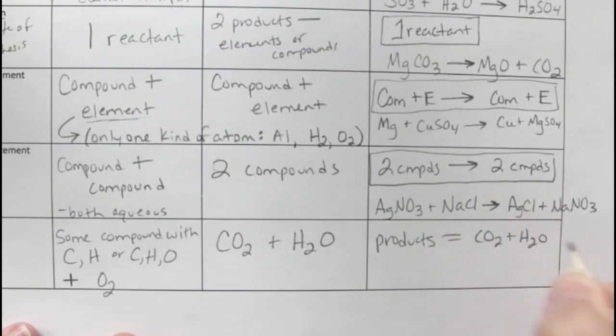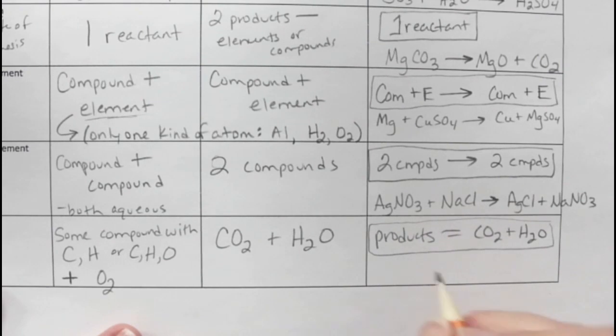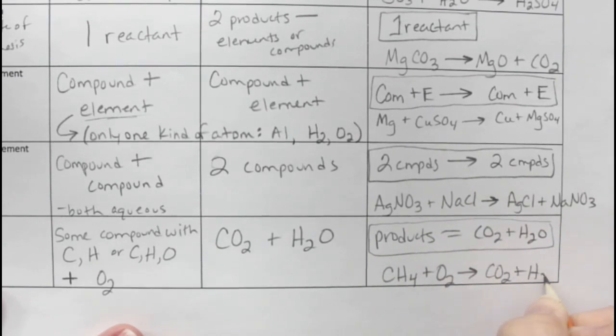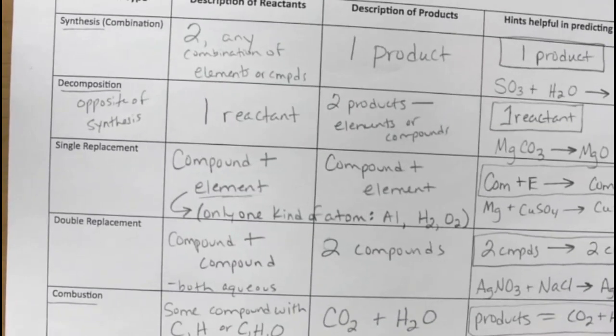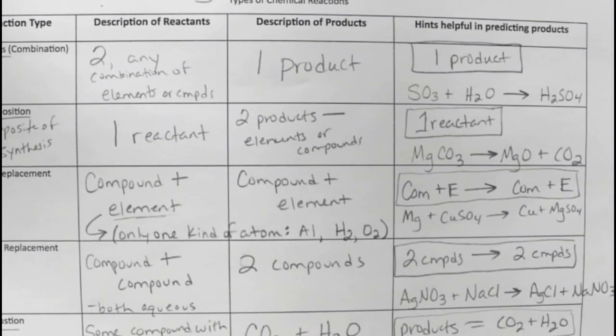So any reaction you see that has carbon dioxide and water as the products, that's going to be a combustion reaction. So one example, this is methane gas plus oxygen produces carbon dioxide and water. So these are our 5 types of reactions and our hints to help us recognize our 5 types of reactions.